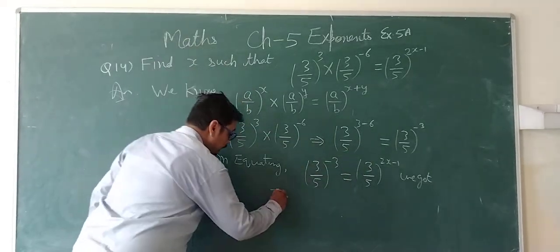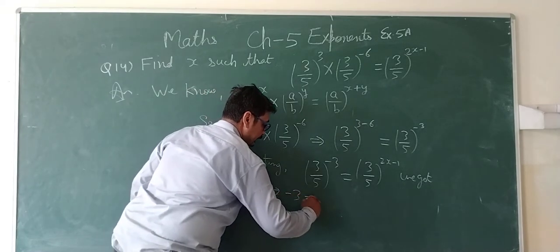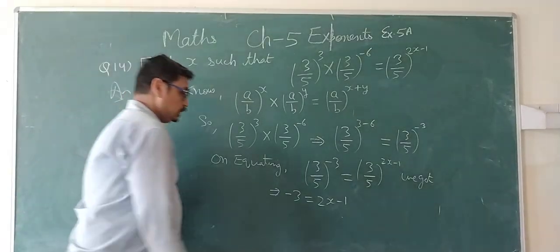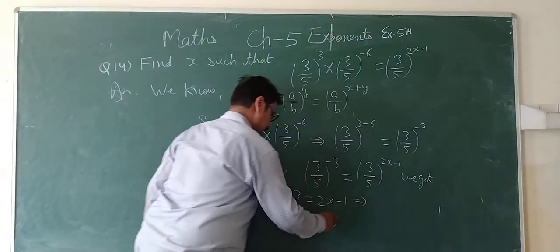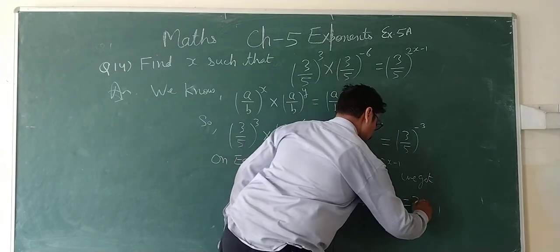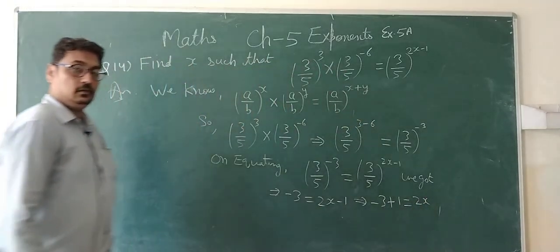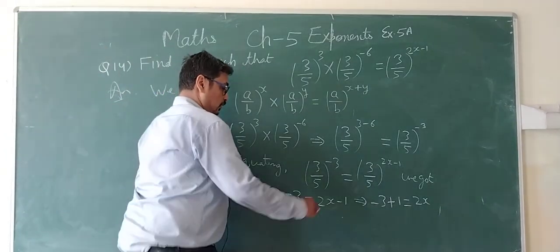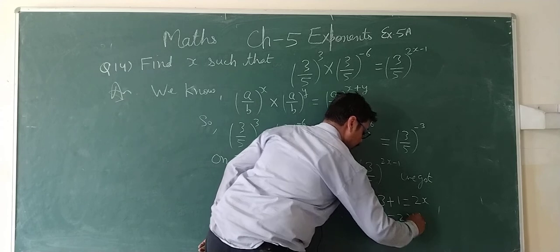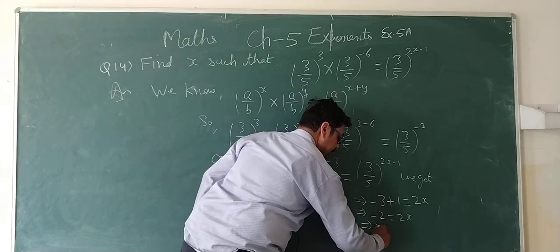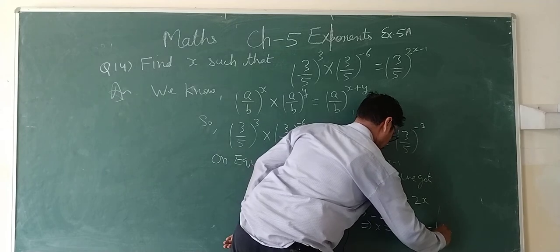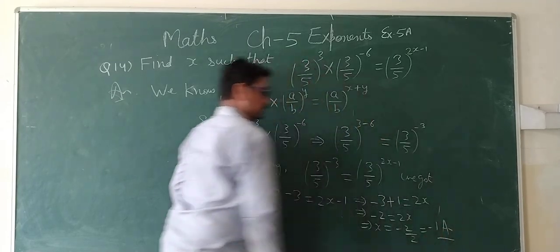We can write −3 = 2x − 1. It can be written as −3 + 1 = 2x. This becomes −2 = 2x, or we can say x = −2/2, which is −1. This is the answer.